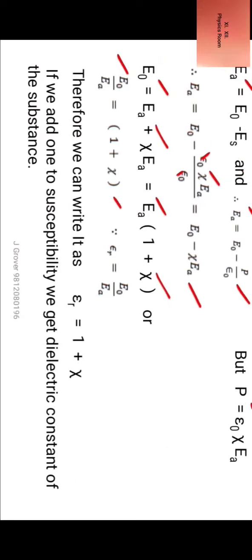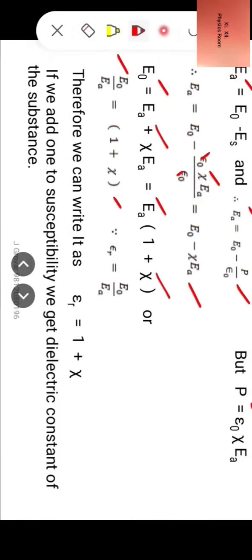So E naught is equal to EA plus chi into EA, or we take out EA common, into 1 plus chi, or we can write it as E naught by EA equal to 1 plus chi, because epsilon R is equal to E naught by EA.